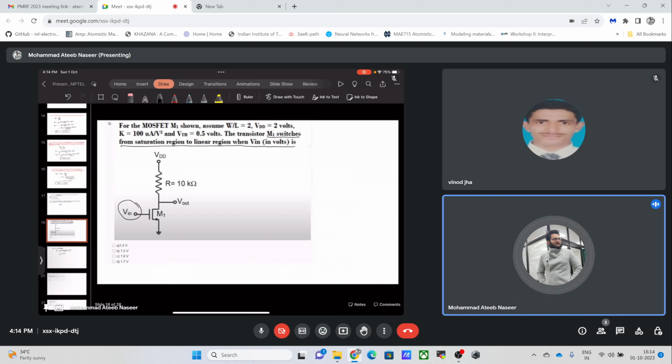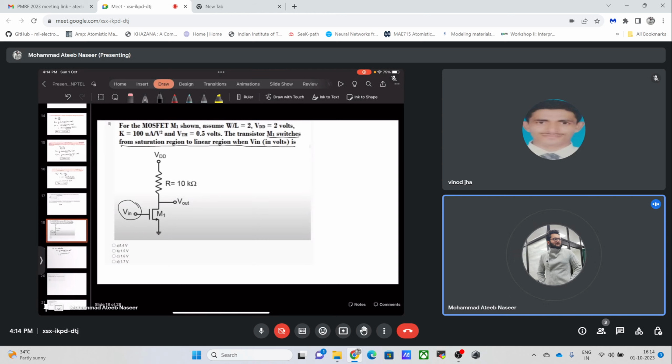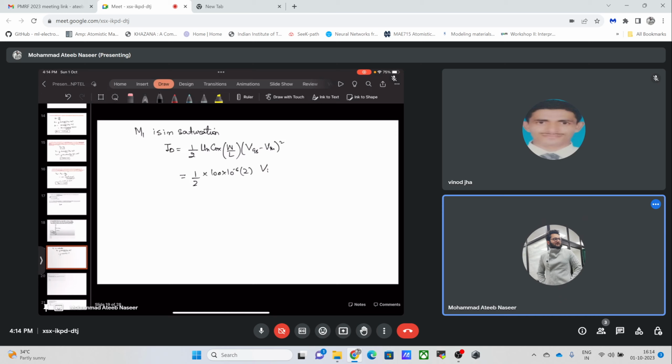W by L has the value of 2. VGS is simply Vin minus the source voltage. The source is grounded and the gate is at Vin, so it is Vin minus VTH.